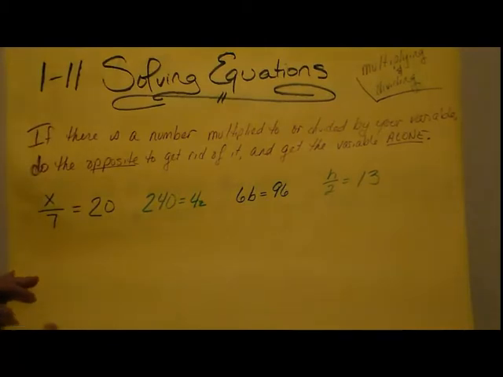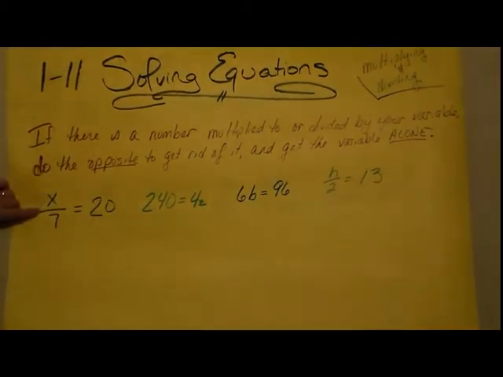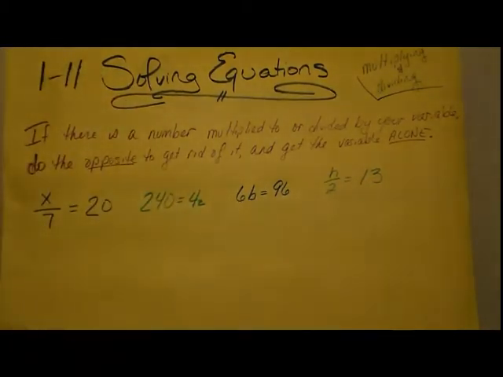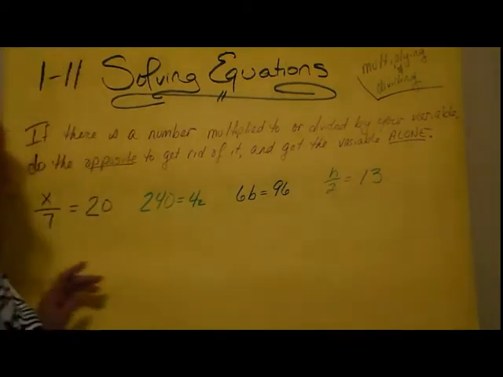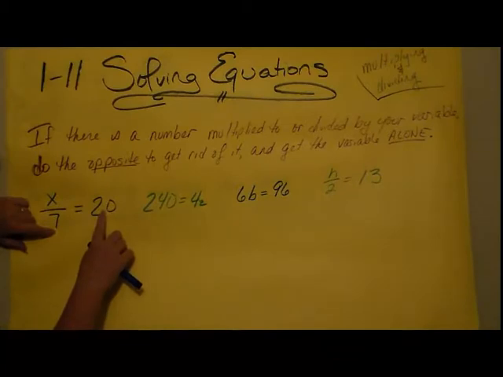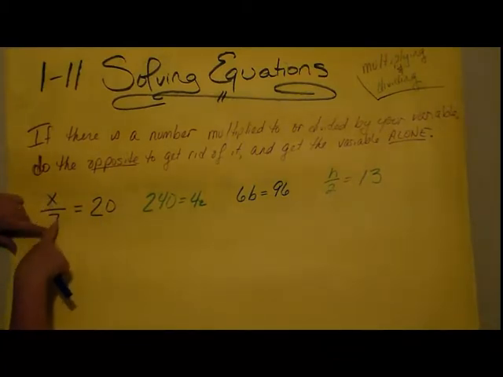So, for example, x divided by 7. This is the divided sign, okay? It's a fraction. It's the same thing. This is how you learn to speak algebra. So, x divided by 7 equals 20. If I have a 7 divided from my x, I have to do the opposite.